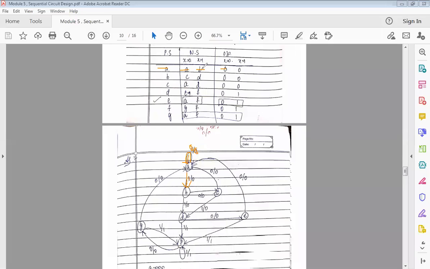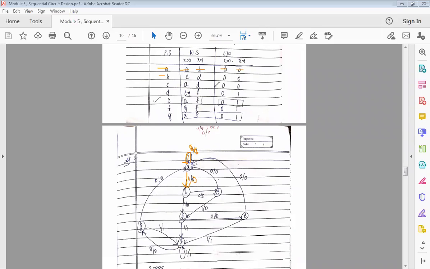And when x is equal to 1, what is my output? Output is 0. So that 0, I will put it here. Any doubts here? No, sir.